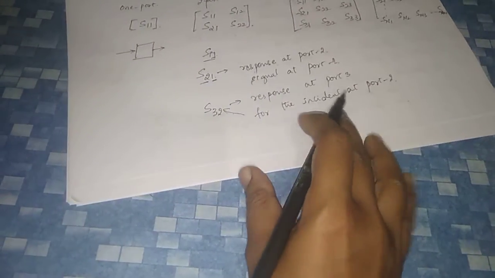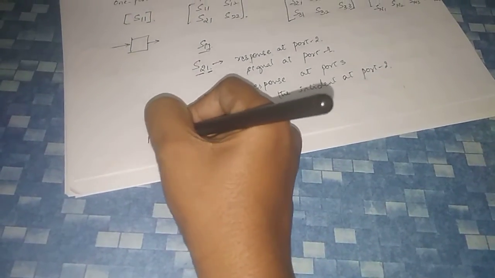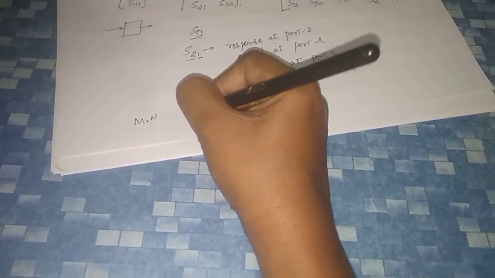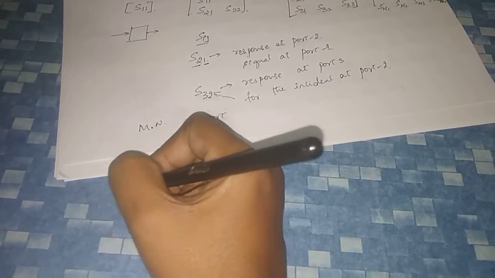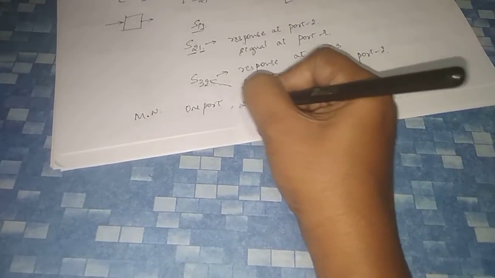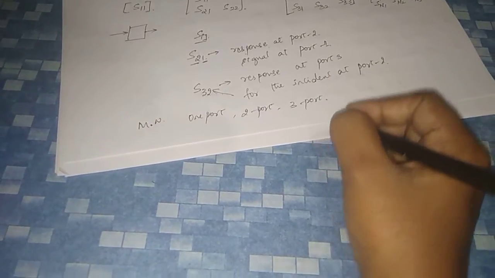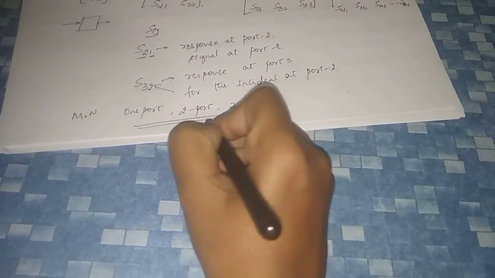The most common n-port networks in microwave networks are 1 port, 2 port, and 3 port. These are the most commonly used n-port networks. Here n means you can take any number of ports, ranging from 1, 2, 3 up to n, but till 3 you can refer for microwave networks.